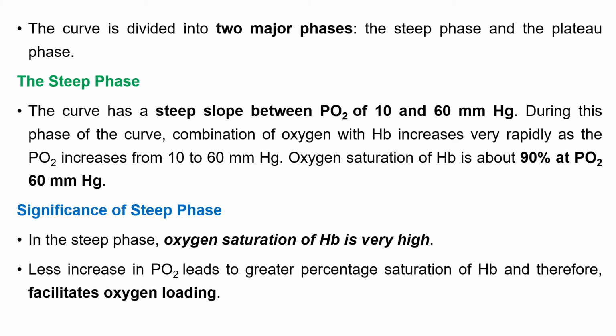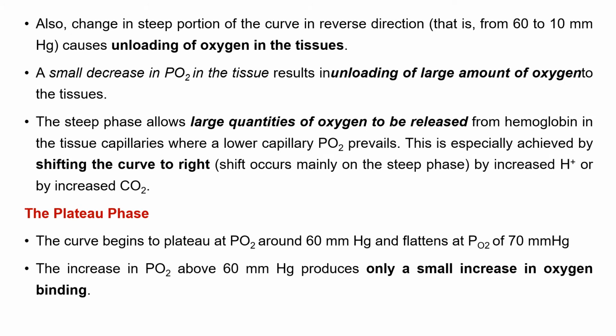In the steep phase, oxygen saturation of hemoglobin is very high. Less increase in PO2 leads to greater percentage of saturation of hemoglobin, and therefore this facilitates oxygen loading. Also, change in steep portion of the curve in reverse direction, that is from 60 mmHg downward, causes unloading of oxygen in the tissue.